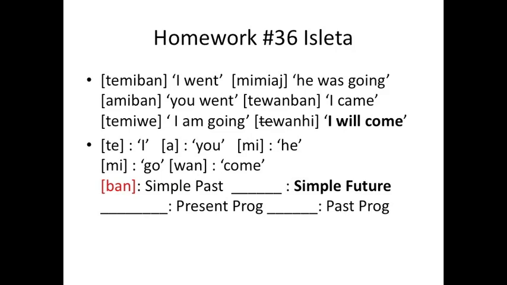We have te for I. So we know that te isn't involved in the simple future. And then we know that wan is come. So te and wan are accounted for, and that just leaves he. So he must be the simple future marker in this language.